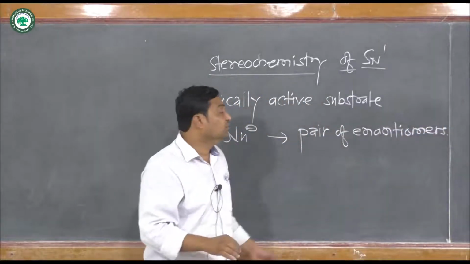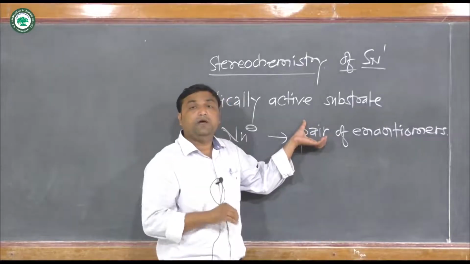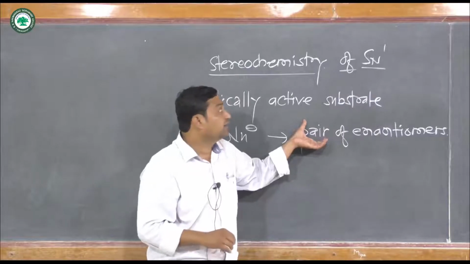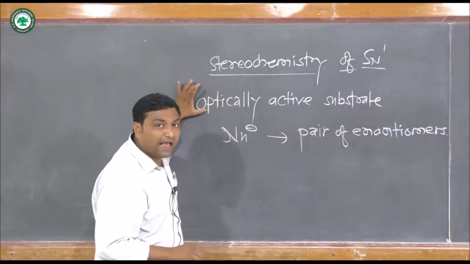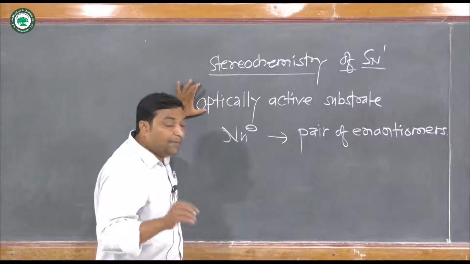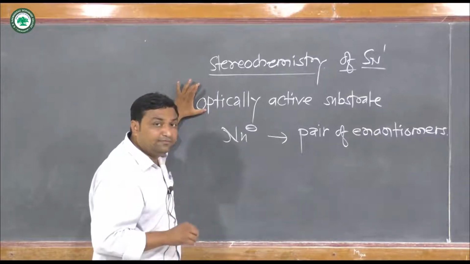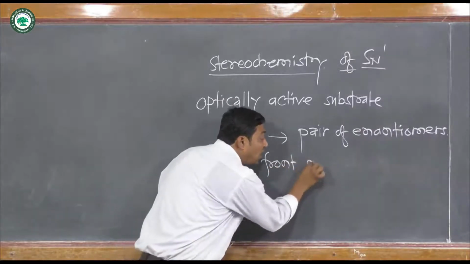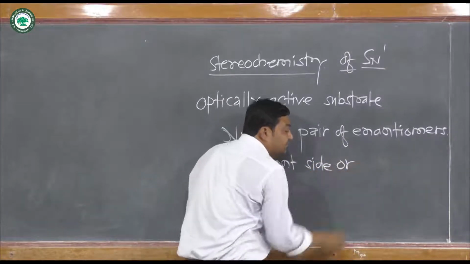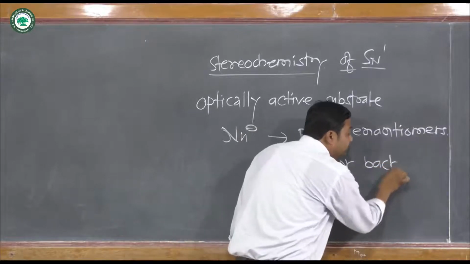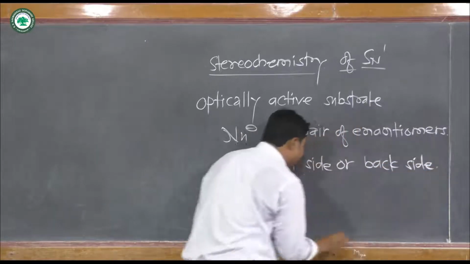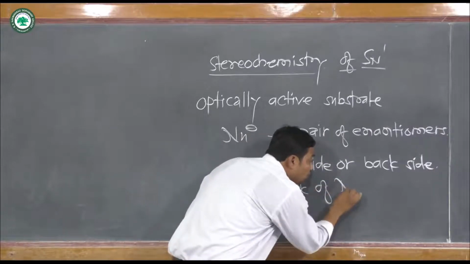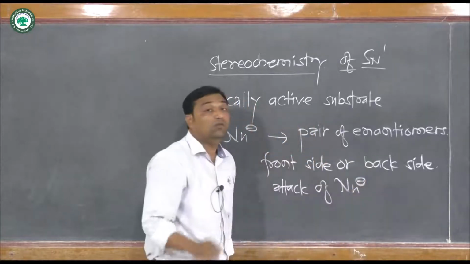The pair of enantiomers which will be obtained as a product in the SN1 reaction depends upon the front side or back side attack of the nucleophile on what?